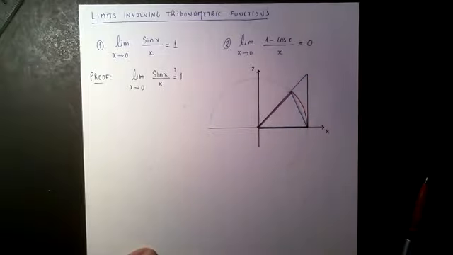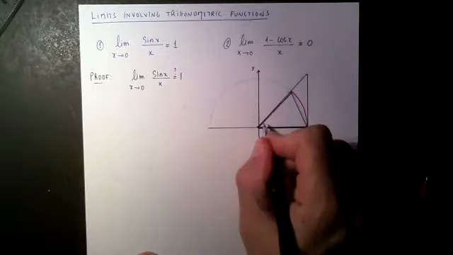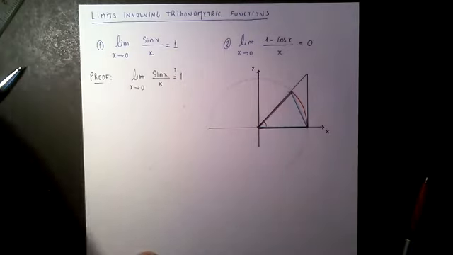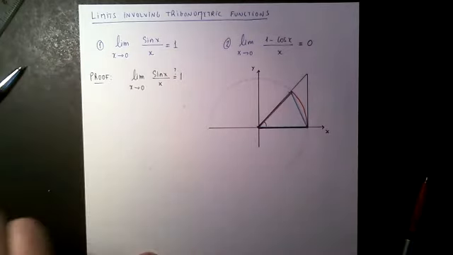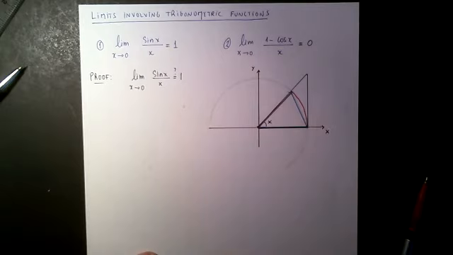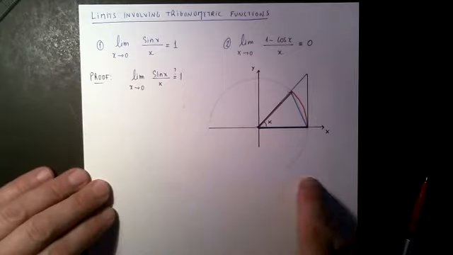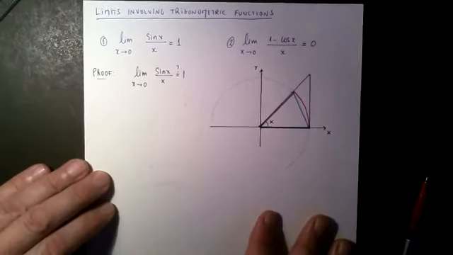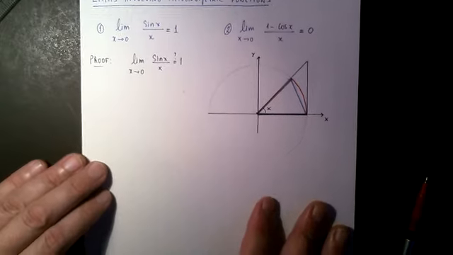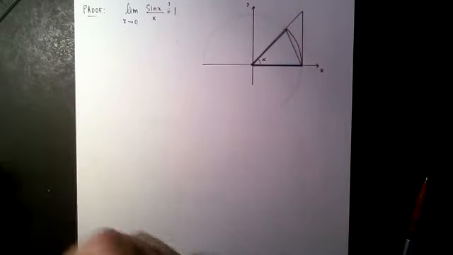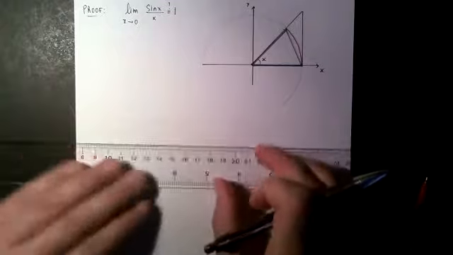Okay, so let's draw it. I'm just going to put this angle here, I'm going to call it X. And I'm going to draw the three regions here separately, just to see clearly. Let me just move up here. Here we go.